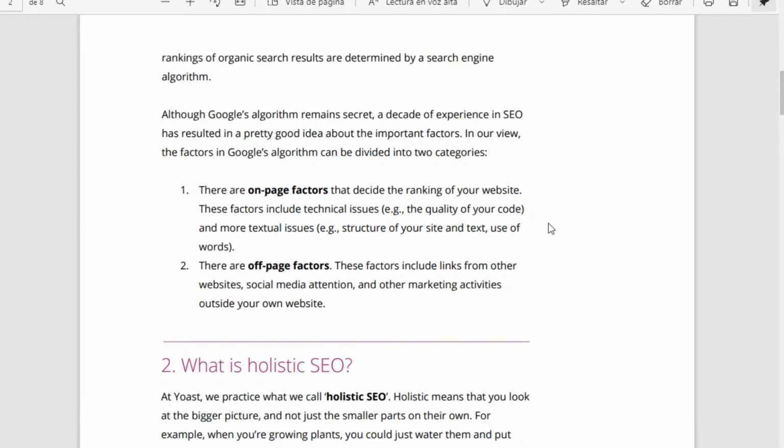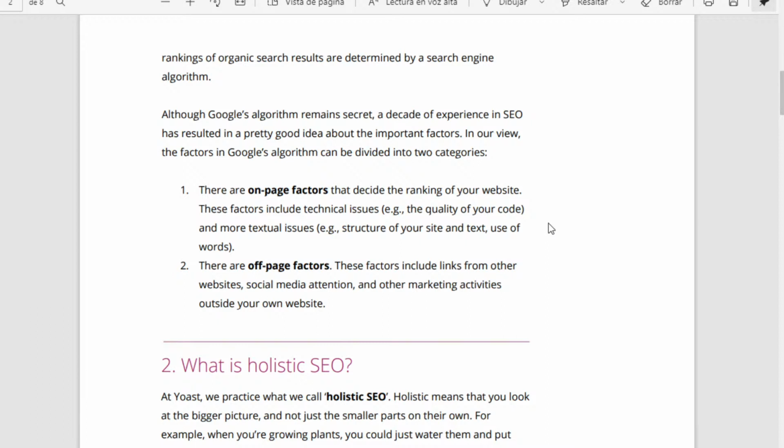Although Google's algorithm remains secret, a decade of experience in SEO has resulted in a pretty good idea about the important factors. In our view, the factors in Google's algorithm can be divided into 2 categories. 1. There are on-page factors that decide the ranking of your website.